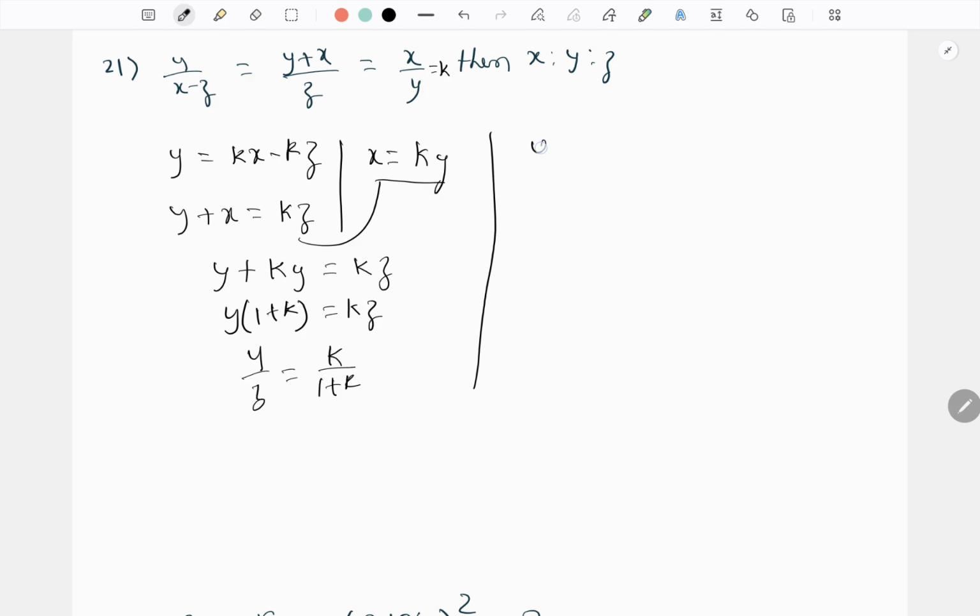Then another equation, y is equal to kx minus kz. In this we can substitute the x value ky. So if I substitute x is equal to ky, y is equal to k times (x minus z), correct? Then we'll get the same equation, no use of this.